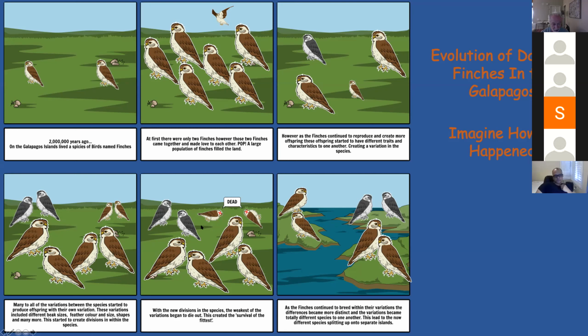And as time went on, some of the variations were unfit and they died. And what eventually happened was that individual or groups of different types collected on different islands in the Galapagos. And this is what Darwin noticed on his voyage.